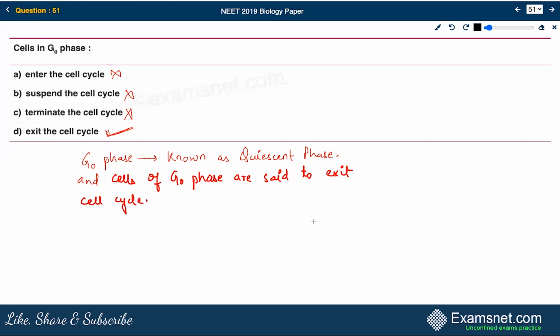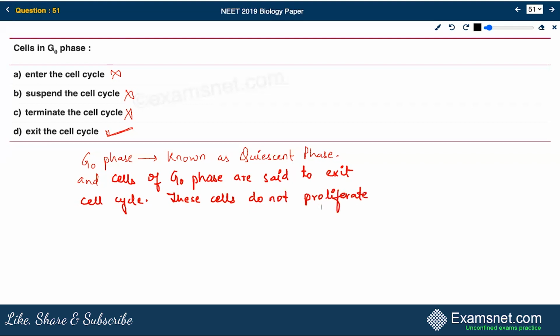They are known to exit the cell cycle because they do not proliferate until they are told to do so. So these cells do not proliferate.